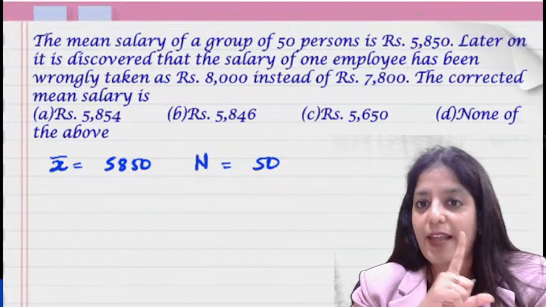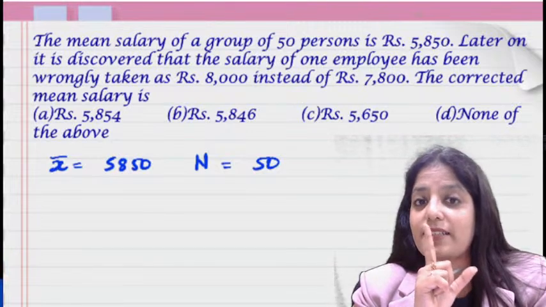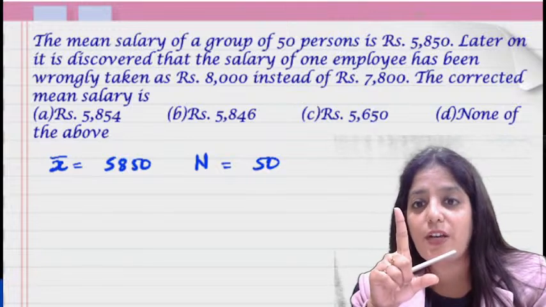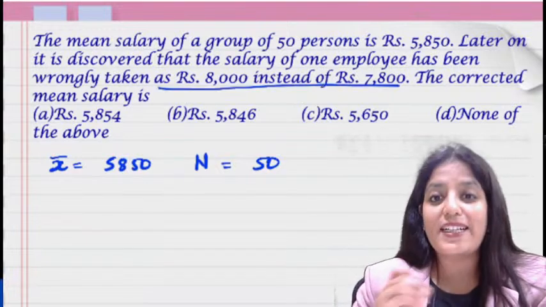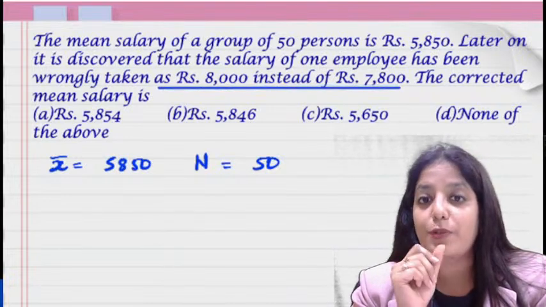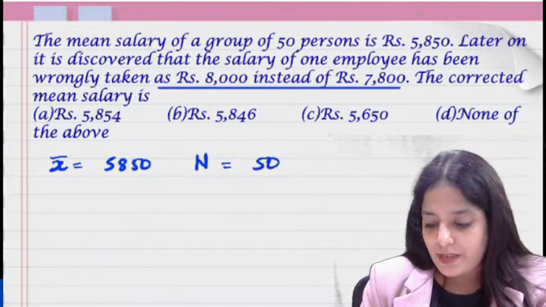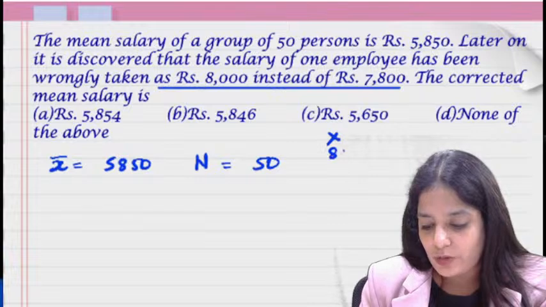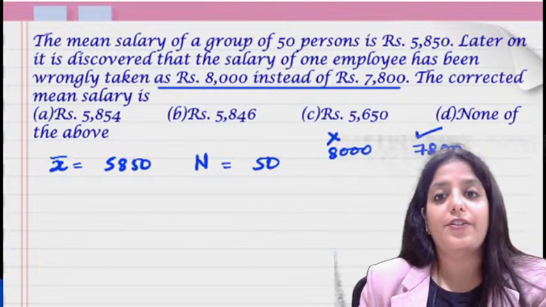One person's salary has been taken wrongly, as 8,000 instead of 7,800. Now be very careful with this statement, guys. You need to be clear which is the correct one. Wrongly taken as 8,000 means the wrong figure is 8,000 and the correct figure is 7,800.